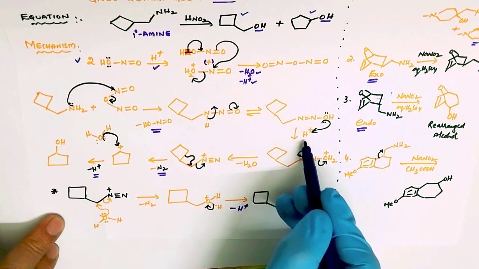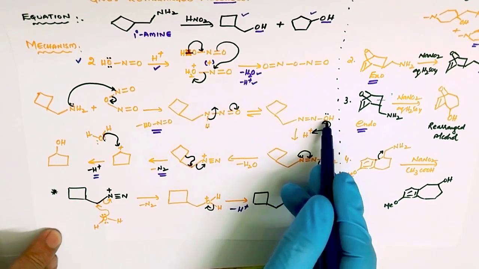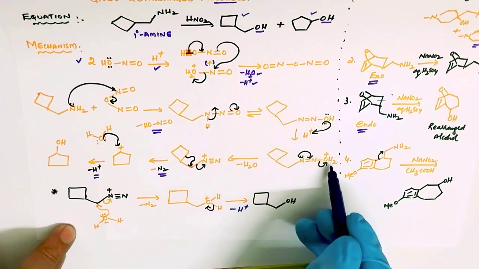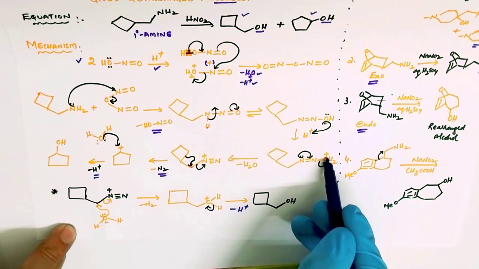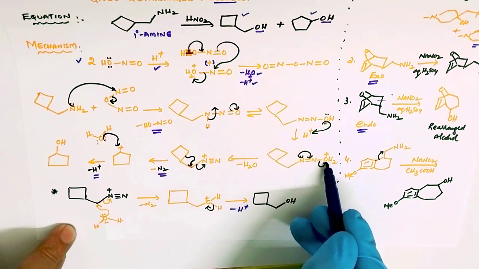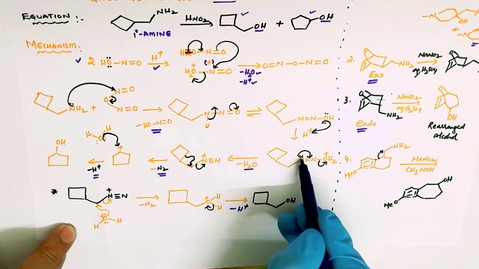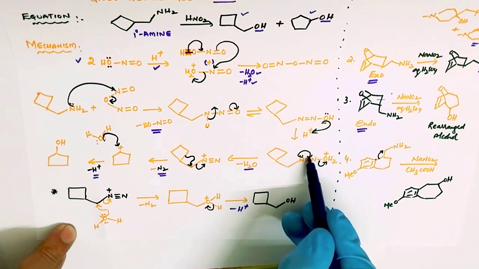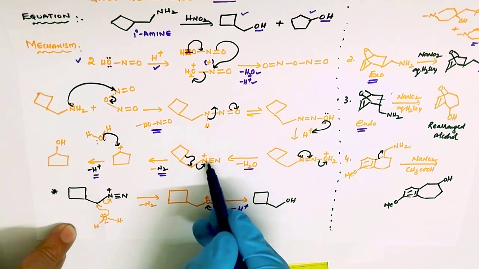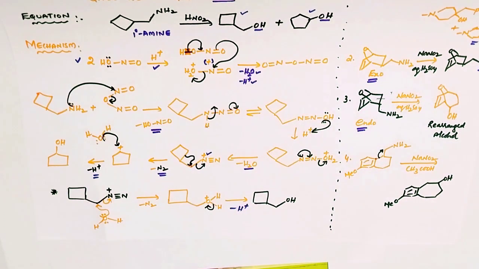In solution we are having H plus ions, that's why oxygen donates its lone pair of electrons towards the H plus, thereby it can be converted into OH2 plus. To neutralize the positive charge on the oxygen, these single bonding electrons move towards the oxygen, thereby H2O will be removed. We will come up with positive charge here. That's why these lone pair of electrons donating towards this one can form a pi bond. By formation of the triple bond, we will come up with the positive charge.